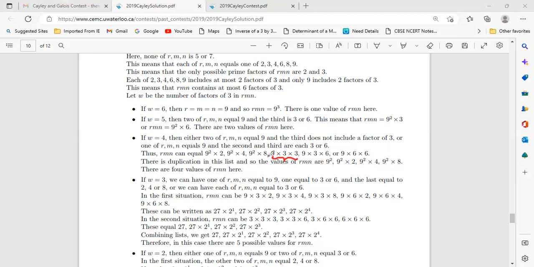And you have 9 into 3 into 3. How does this happen? If you have 9 times 9, like in the first 2 options there's 3, and in the last one there's 9.